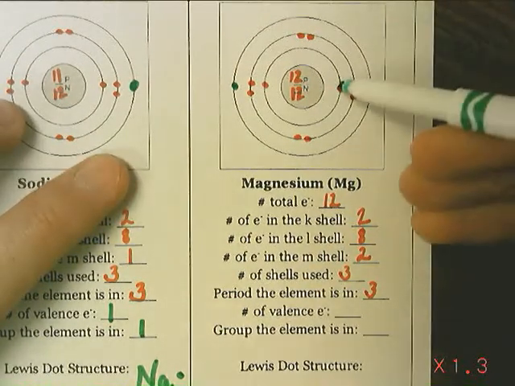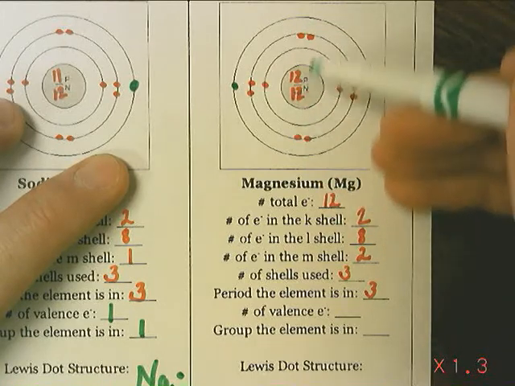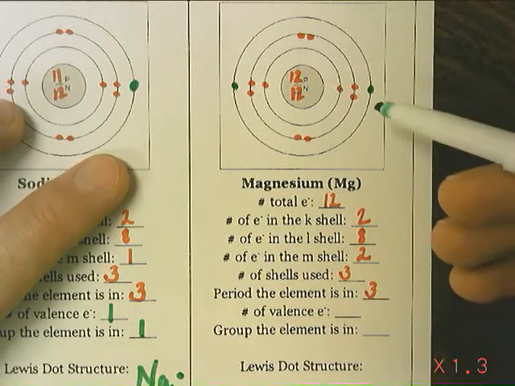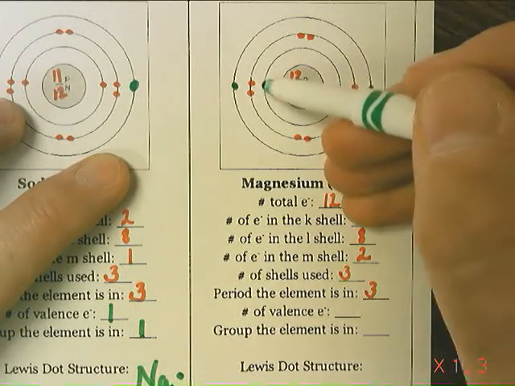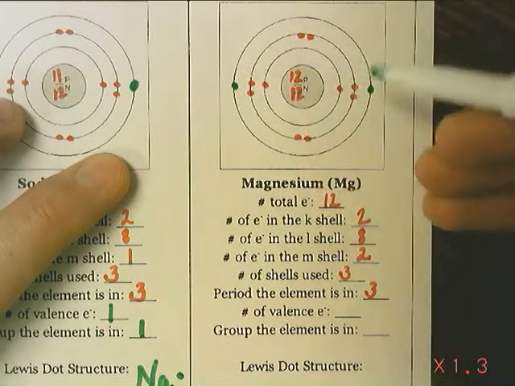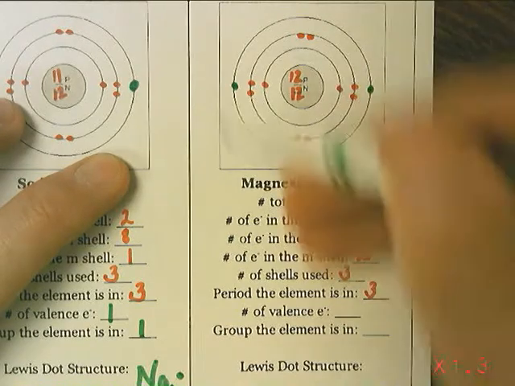Notice the pattern. 1, 2, 3, 4, 5, 6, 7, 8, 9, 10. 1, 2. So you repeat the pattern every time. Right to left, top to bottom, fill around, start over. Right to left, and then if you kept going top to bottom, fill around.